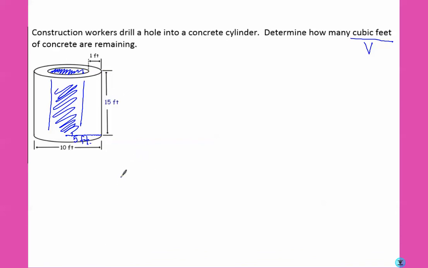So technically what we need to do is we're going to have to find the volume of the whole cylinder. Then we're going to find the volume of the cylinder they took out, and then we'll subtract them to figure out what's left. So first, we're going to deal with the big cylinder. And remember, volume of a cylinder is pi r squared h.